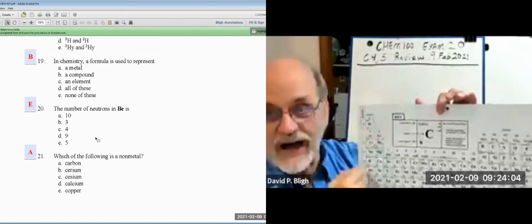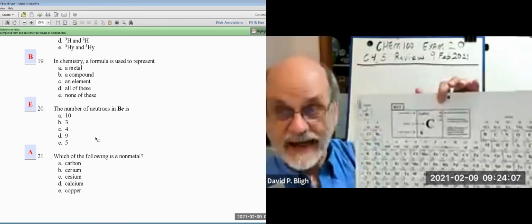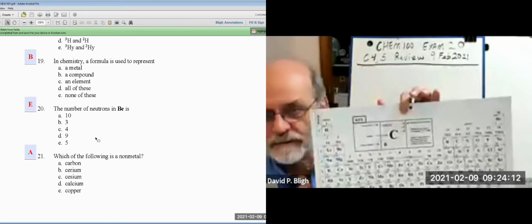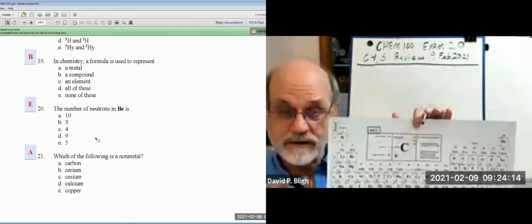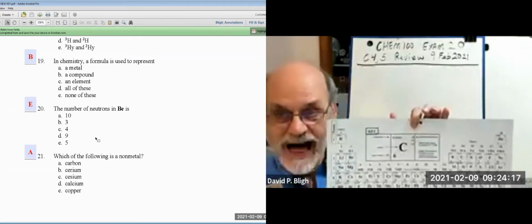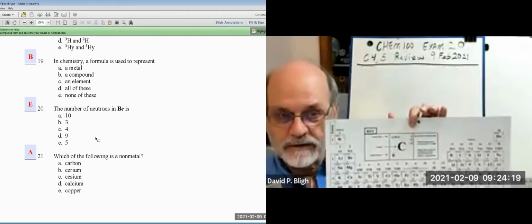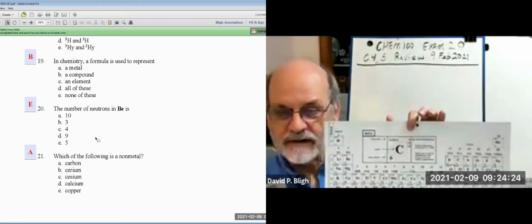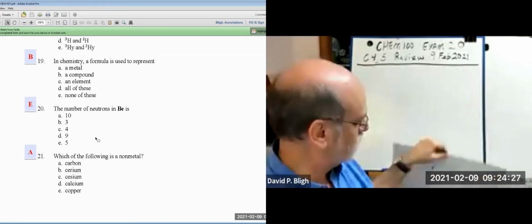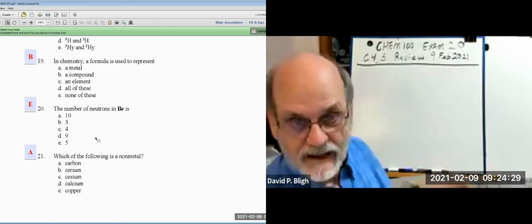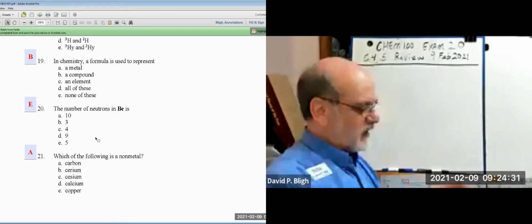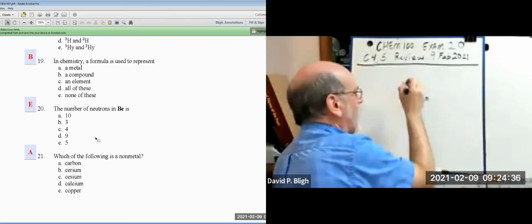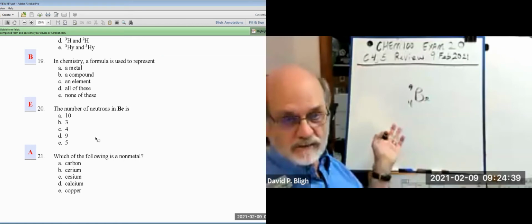To give you 9.01, it would be 9. 9 would be the most common isotope for beryllium. Okay, now if you assume that as the mass number 9, then 4 from 9 is 5. So you would expect 5 neutrons. And in addition to that, let me write that up here. Beryllium 4,9 is the most common isotope, and that's number 20.